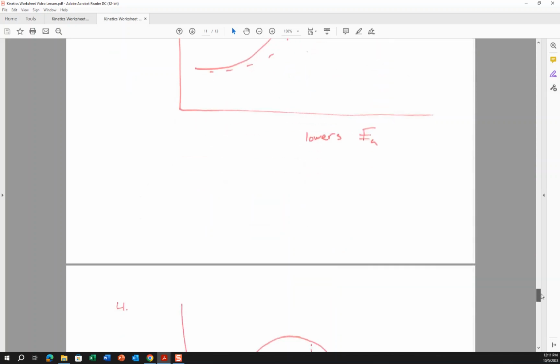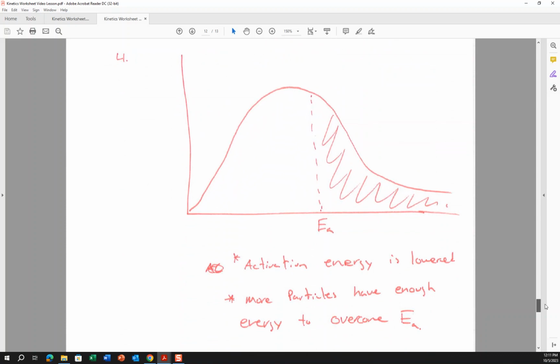And then when we add a catalyst, it really wouldn't change the curve too much. You would get more overall molecules because the catalyst is made of molecules, so the area under the curve might get a little bit bigger, but the curve distribution would look pretty much the same. It's just we would take the activation energy that was over here, and we would lower it to here.